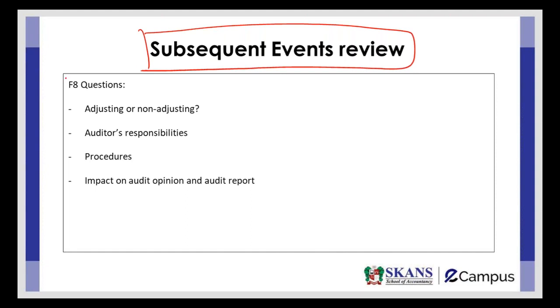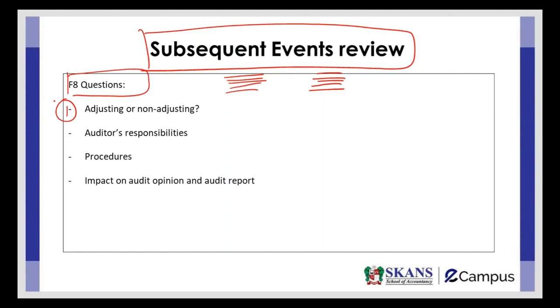For this review, in the F8 exams, you could be asked 4 types of questions. I will probably give you 1 or 2 events with all the relevant information. The first thing you'll have to tell me is whether that event is an adjusting or non-adjusting event. Please remember that you can't simply say this is adjusting and move on.